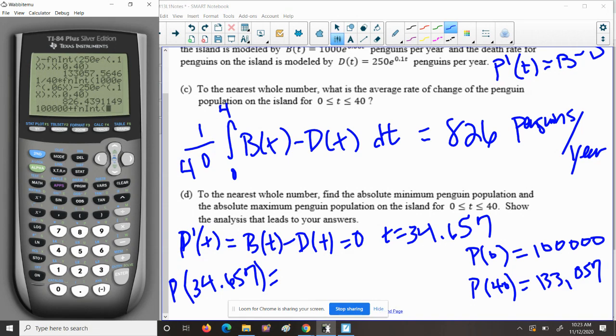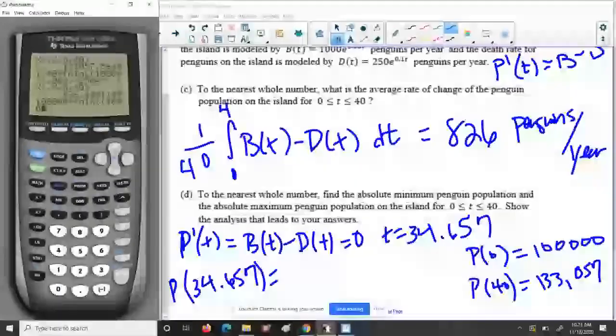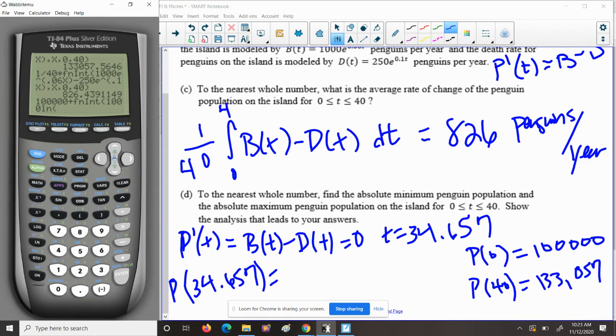We've got to take B and subtract D. 1,000 times e to the 0.06x minus 250 times e to the 0.1x, comma x, comma 0, comma 34.657. Okay, let's find this number.